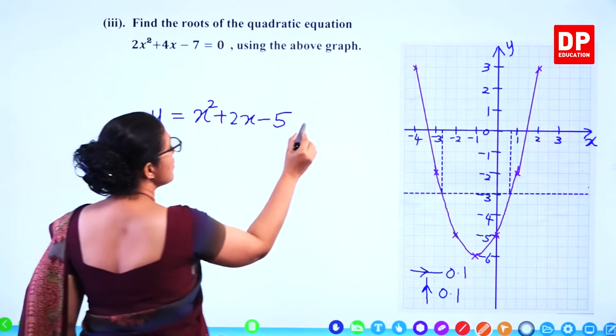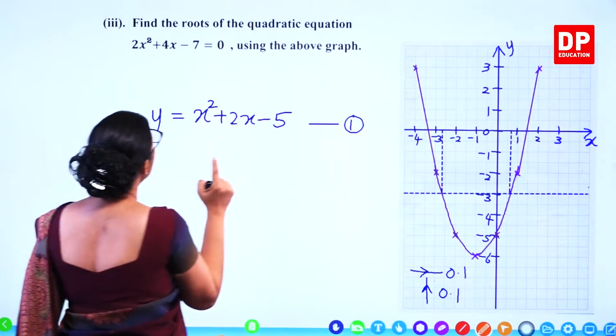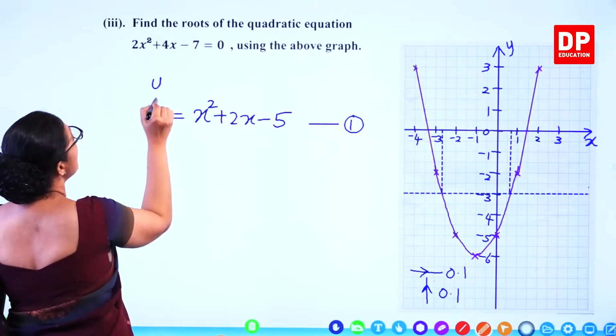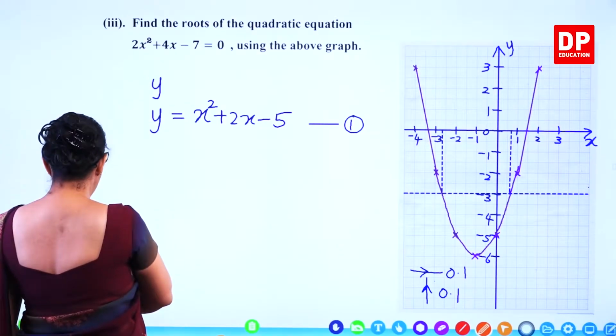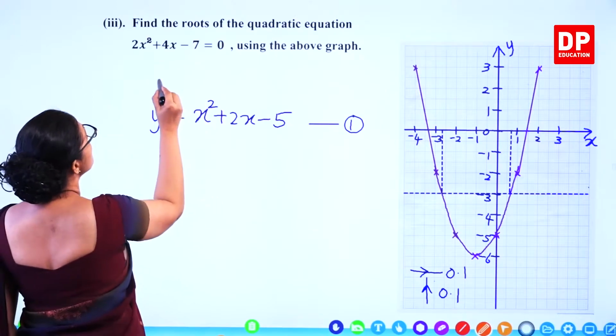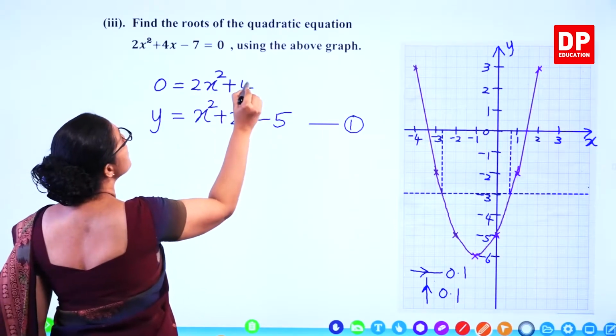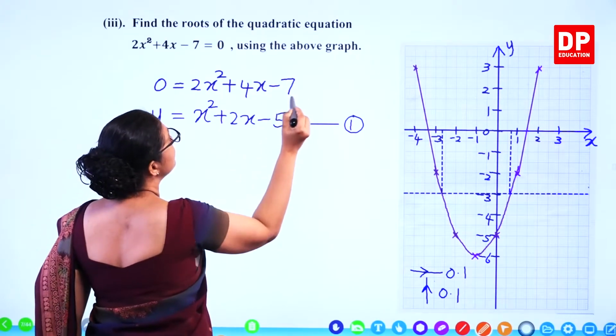That's the equation. Now here it's 2x squared. So we have to multiply. So this is given 2x. So 0 equals 2x squared plus 4x minus 7.